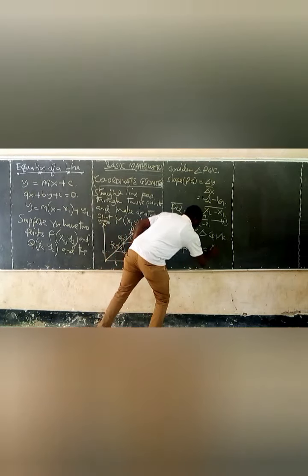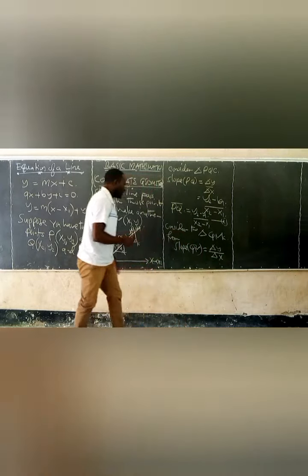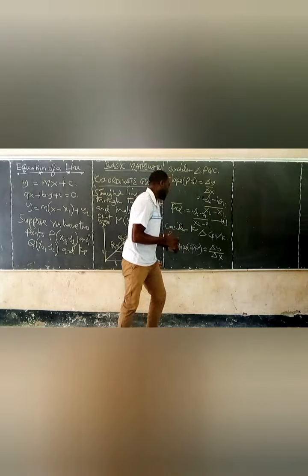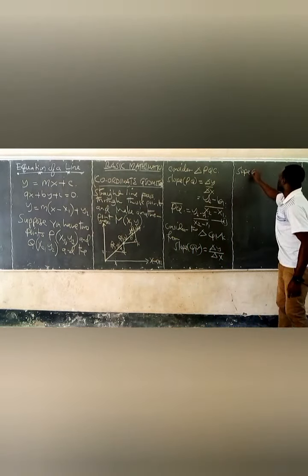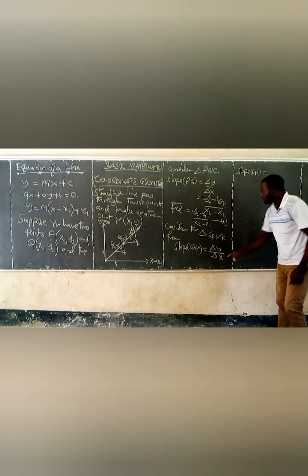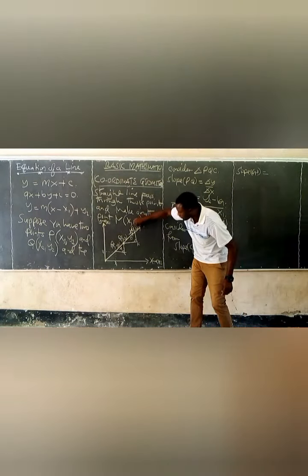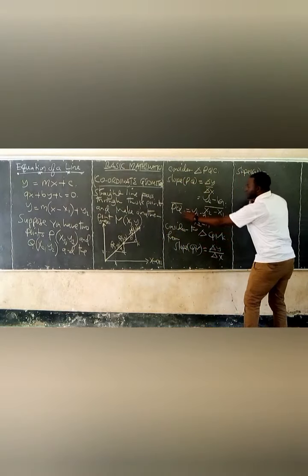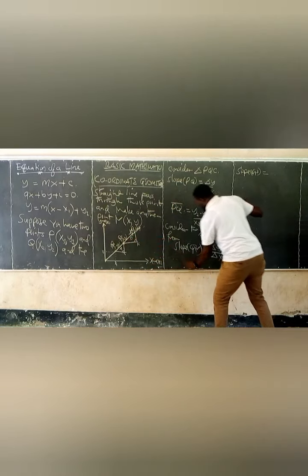The slope from Q to N is equal to the change of vertical axis divided by change of horizontal axis. When you say change, we find the final y minus the initial y. So here, for the change of y, we take y minus y2.